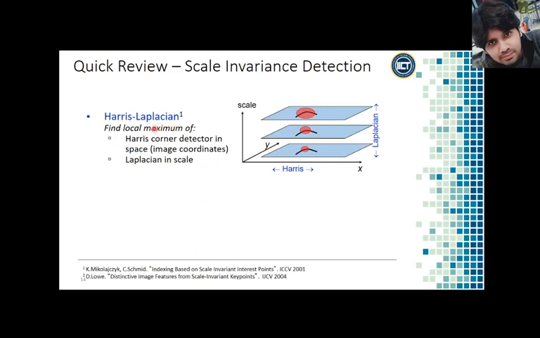So the Harris Laplacian finds the local maximum of the Harris corner detector in space. So this is a kind of a scale space. As you move up, you are increasing the scale, and you compute the corners in x and y direction. So you can see that it detects this corner, and it looks for the same corner in multiple increasing scales, and once it finds it, it will return that particular scale, the Laplacian in that particular scale.